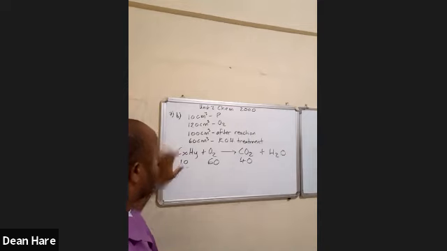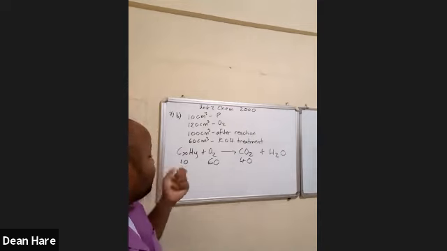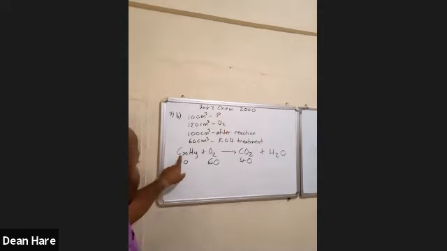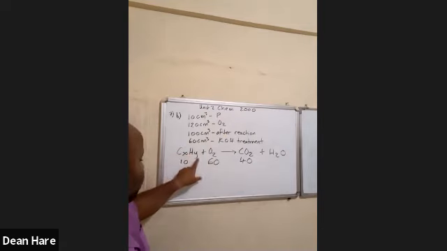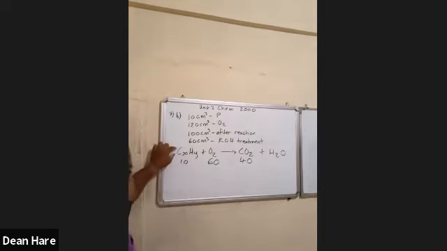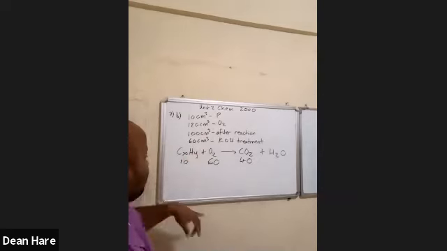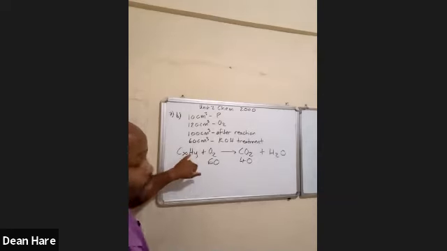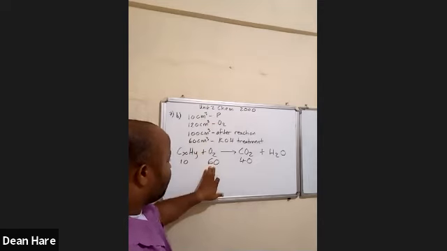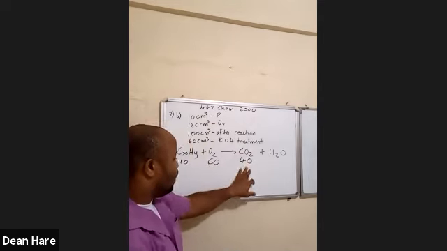The objective is to find the molecular formula of hydrocarbon P, so we put it in the format CxHy and figure out what x and y are. x represents the number of carbon atoms in hydrocarbon P, and y represents the number of hydrogen atoms. At this point, we know that 10 cm cube of hydrocarbon P reacts with 60 cm cube of oxygen to produce 40 cm cube of CO2.